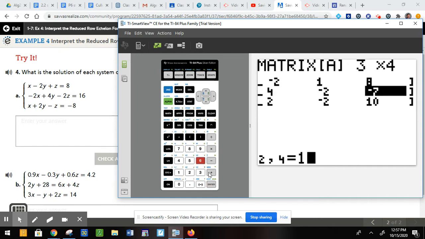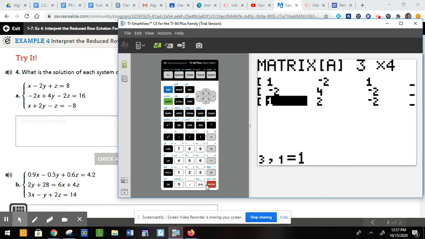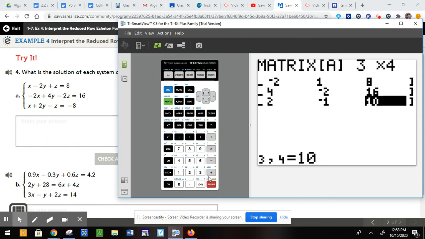And then 16. The last row, 1 is good. 2 is good. And then -1. And then -8. So really the majority of the time for these examples now is just inputting all the numbers.